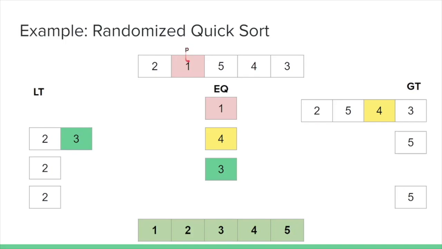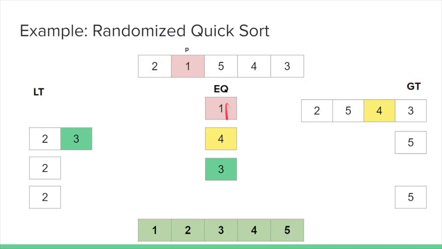So it'll loop through the list, comparing each number to the pivot and sorting each number accordingly into less than the pivot, equal to the pivot, or greater than the pivot. So we will compare the first element in the list first. So 2 compared to 1, it'll be greater, so it'll go into the greater than list.